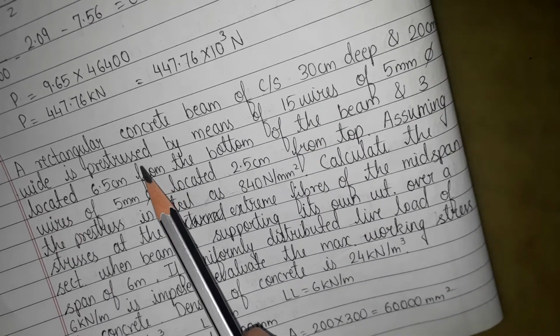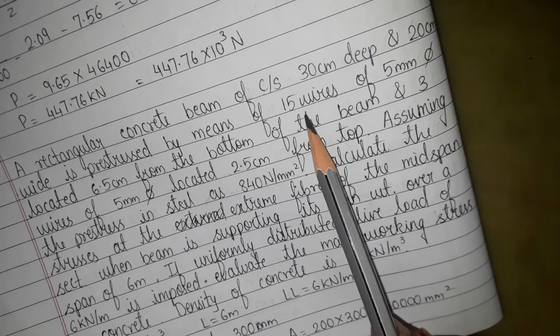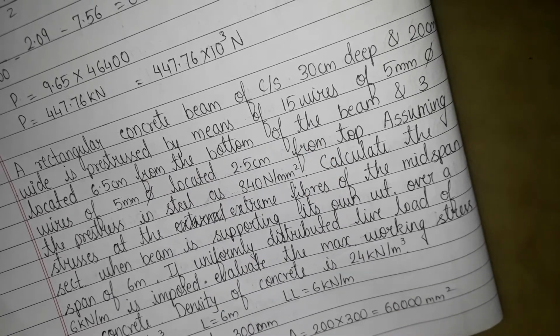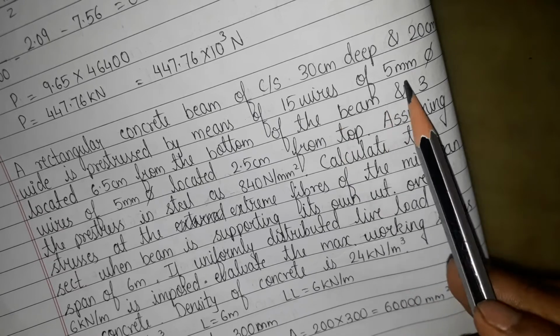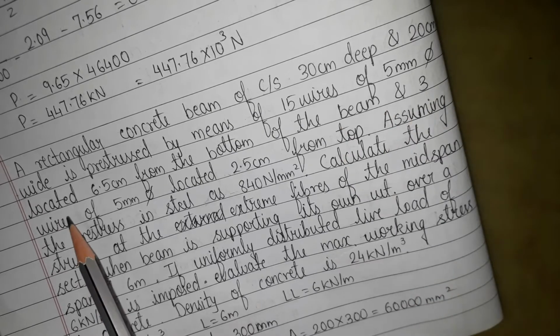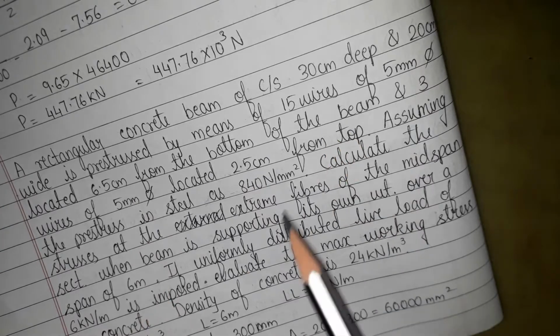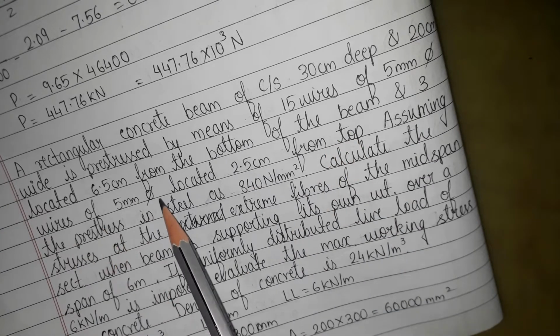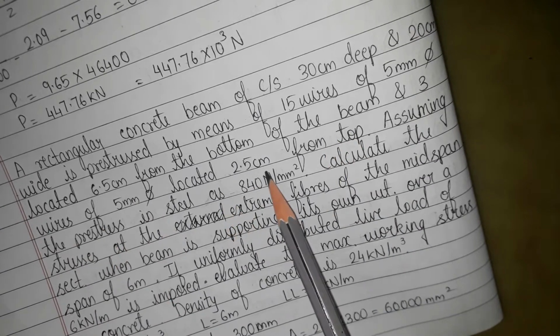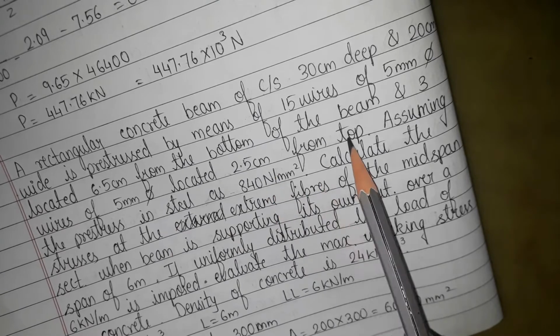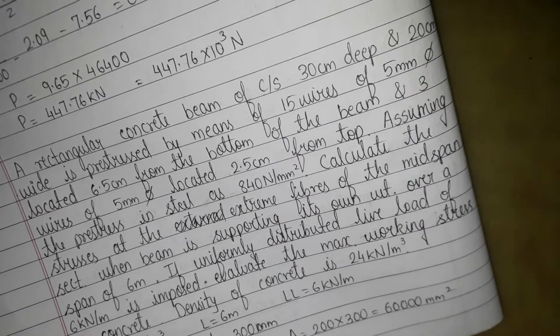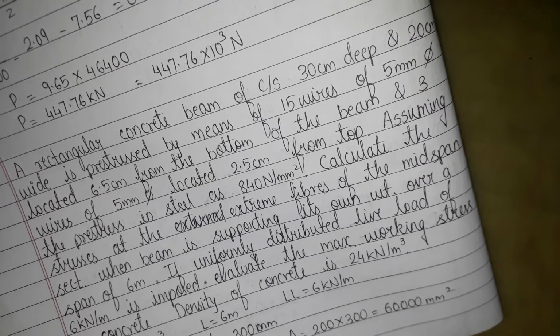It is prestressed by means of 15 wires of 5 mm dia located 6.5 centimeter from the bottom of the beam and 3 wires of 5 mm dia located 2.5 centimeter from top. So this beam is prestressed from the top as well as from the bottom.